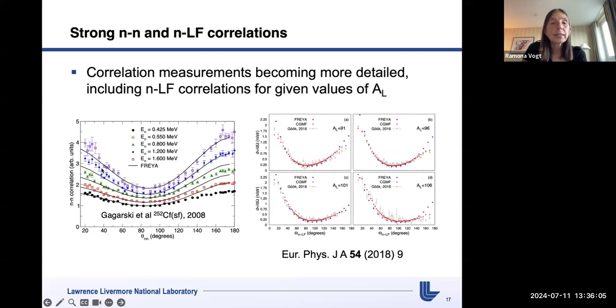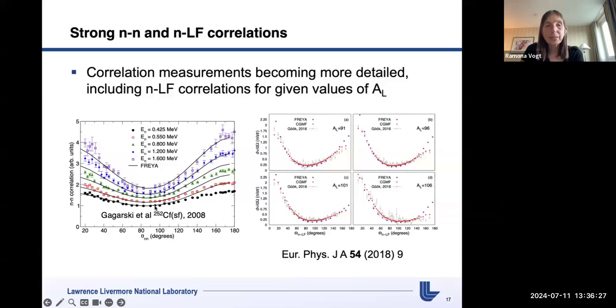Now here on this side, the correlation depends on the kinetic energy of the two neutrons. And so you see steeper back-to-back correlations at, say, 1.6 MeV on average for neutrons than at about 0.4 MeV.